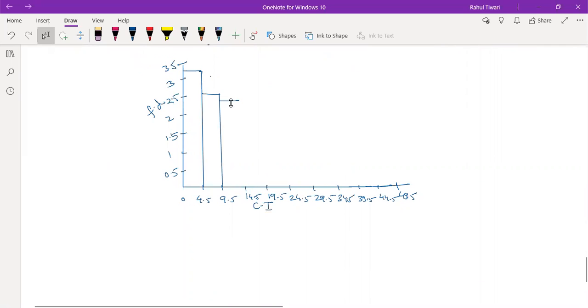So I need to just extend this line till here. I hope you are clear with this. So this is going to move till 14.5. This moves till 14.5, like this.